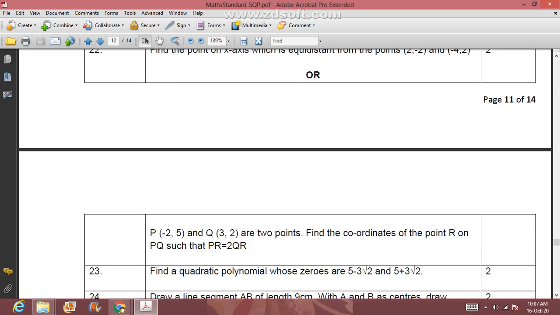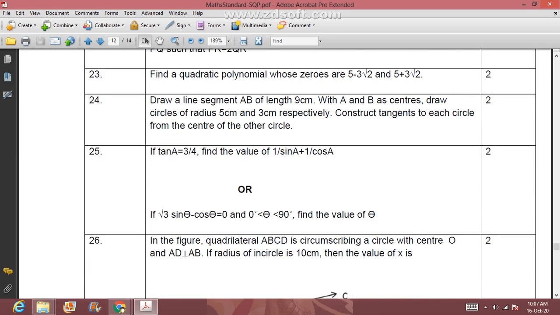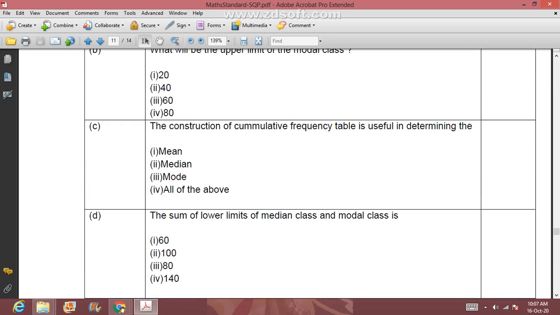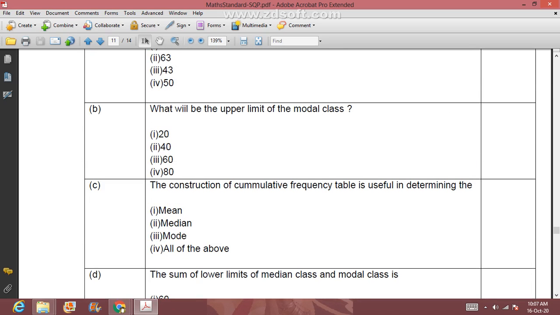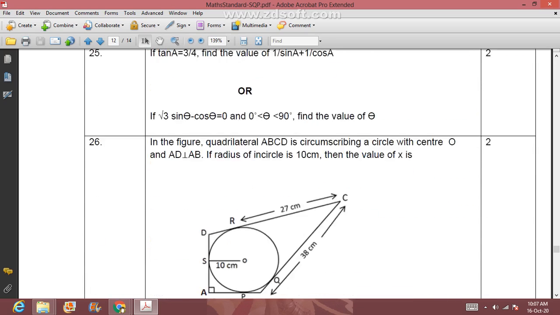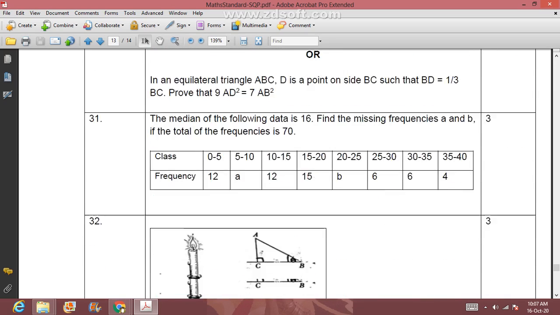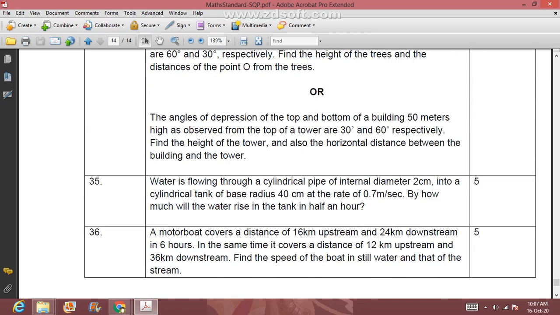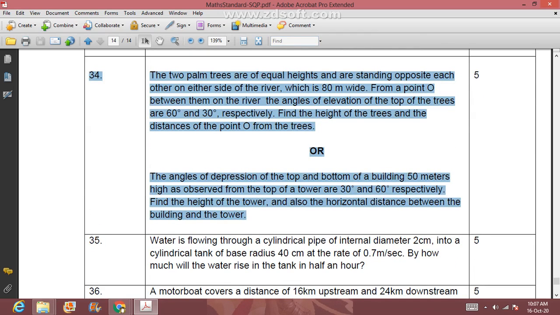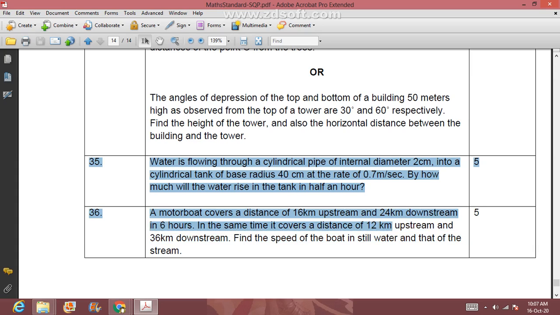This is the new paper pattern. So two new things you can face here. One is case study. In case studies there are MCQ type questions. The last 3 questions are of 5 marks. These are the two major changes in the new question paper pattern.